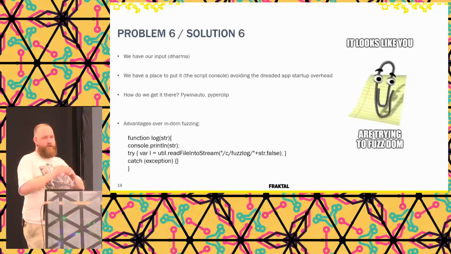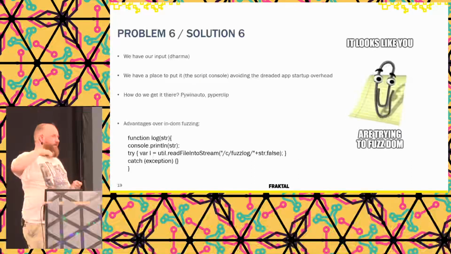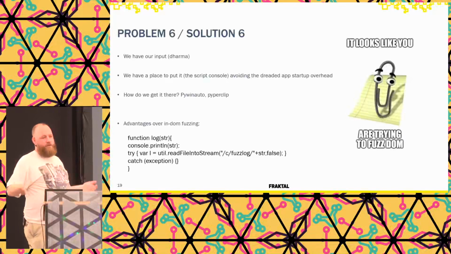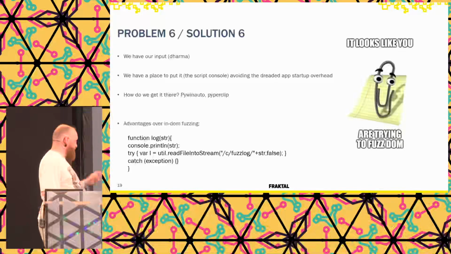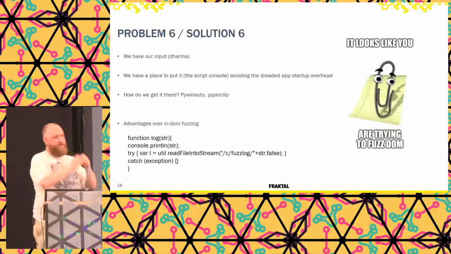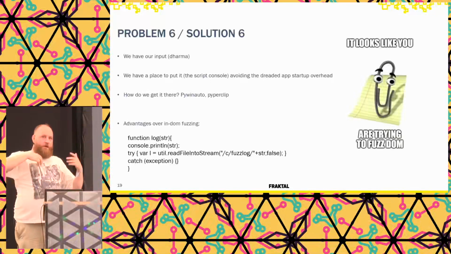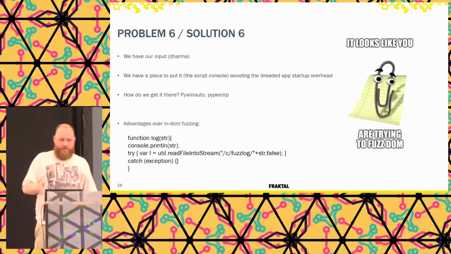So let's say my input is blah, then I'm going to try to read a file called blah, right? It's going to fail, but it's still going to show up in something like Procmon. So I can just do API monitoring and see that it gets access denied by trying to read this file, but I still have the log of the stuff that I fed into it, right? So that's a way of doing fuzz logging inside the DOM, but it's a nightmare.